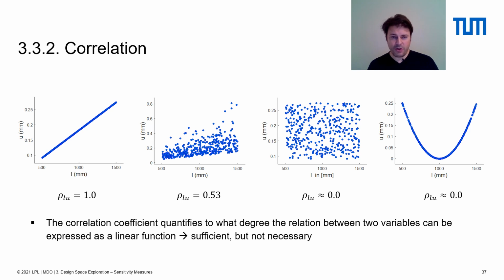So the correlation coefficient quantifies to what degree the relation between two variables is relevant, and to what degree the relation between two variables can be expressed as a linear function. It is sufficient, but not necessary for the design variable being relevant.